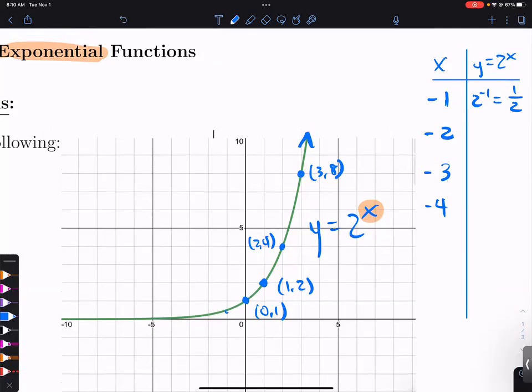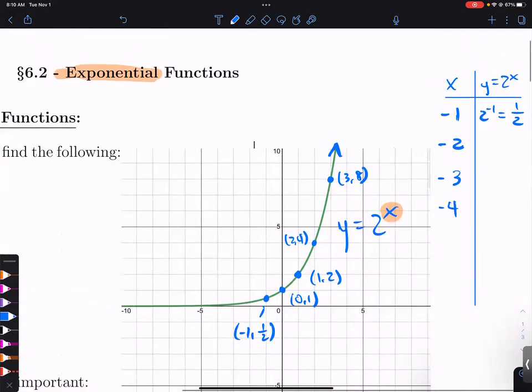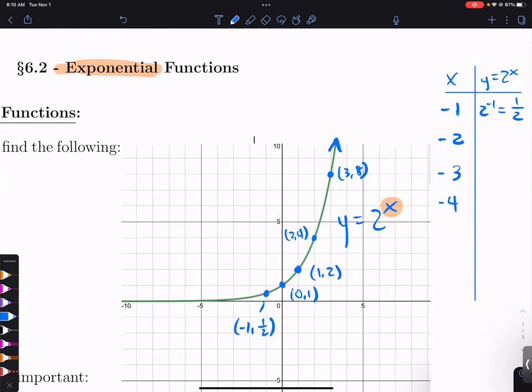Okay, so apparently this point would be -1, 1/2. Okay. What if you plug in -2? 2 to the -2 would be the reciprocal of 2 squared, so 1/4. This would be 1/8, 1/16, and so on, right?